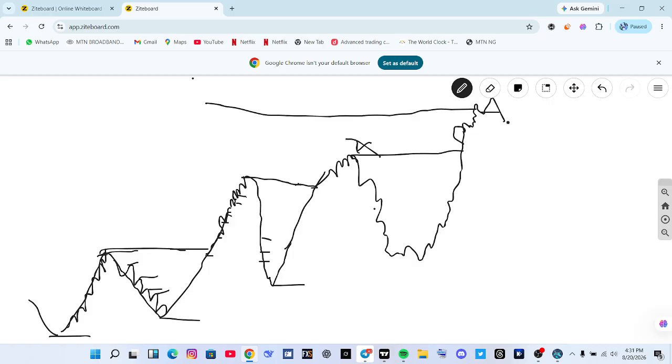Now this is a possibility that price will start making a retracement. Once you see price start making a retracement, you know that okay, price is coming for this internal range liquidity on this particular time frame. So this is what we are going to be looking out for today.